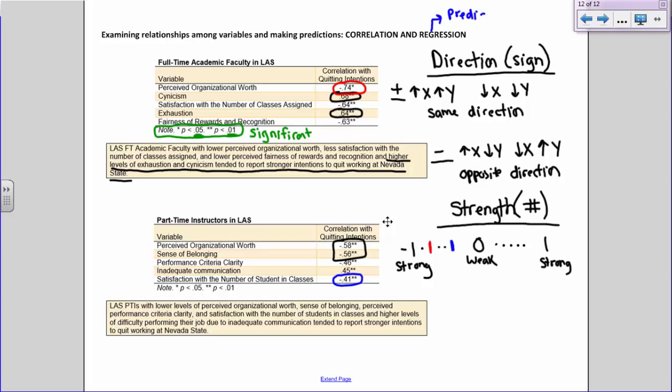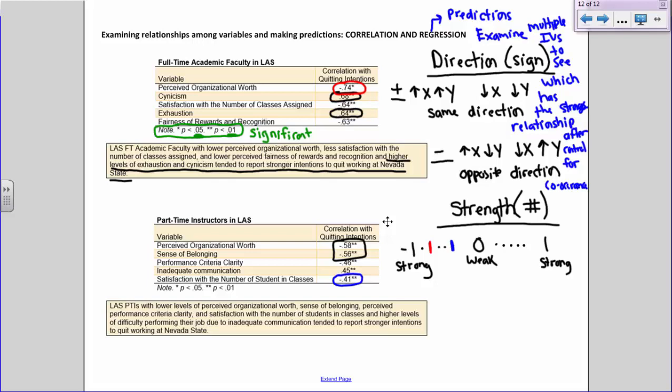So you can make predictions, and you can examine multiple quasi-independent variables to see which has the strongest relationship, after controlling for co-occurrence of variables. So let me explain that.